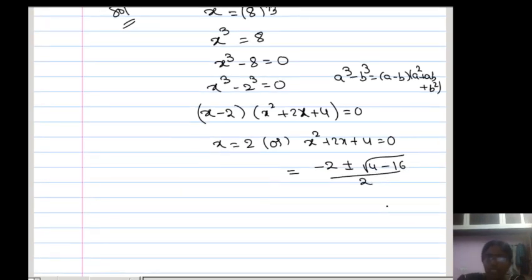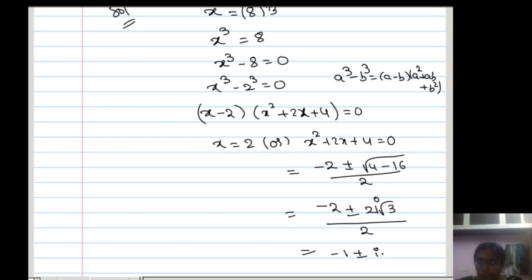Using that formula here, minus 2 plus or minus under root 4 minus 16, which is minus 12, that I can write as 2 root 3 i because 4 into 3. Taking minus 1 outside, and cancelling the common 2, I get minus 1 plus or minus i root 3.